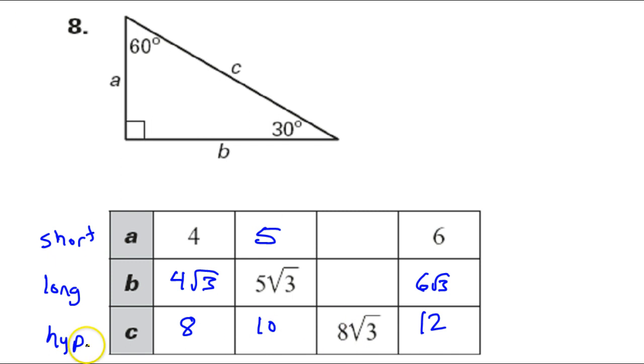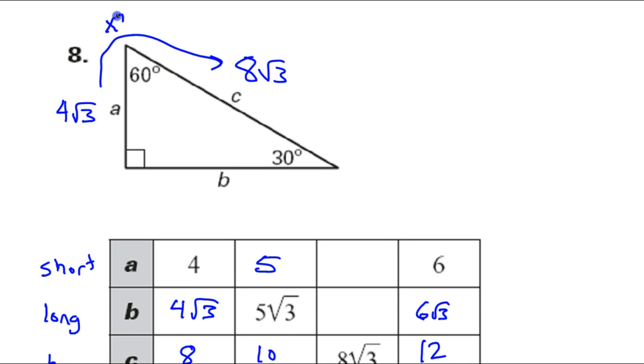They gave us that the hypotenuse was 8 radical 3. So if the hypotenuse is 8 radical 3, now working backwards, we get the hypotenuse by doubling the short leg. So the short leg must have been 4 radical 3, because that's what, if you multiplied by 2, would give you 8 radical 3.